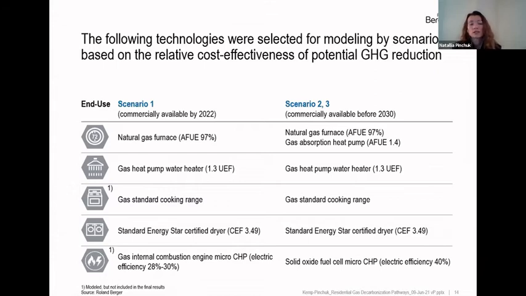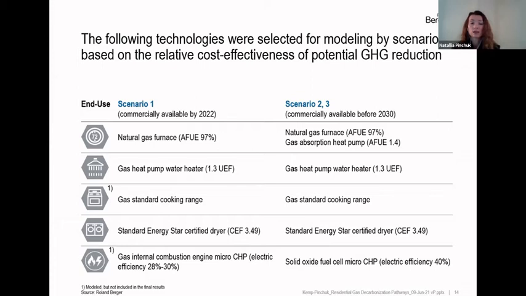So on this page, you can see the technologies that we selected and their efficiencies. And because space heating is by far the largest end use, I'll just highlight that one row, which is the first one. For scenario one, we use a natural gas furnace, which is 97% efficient.